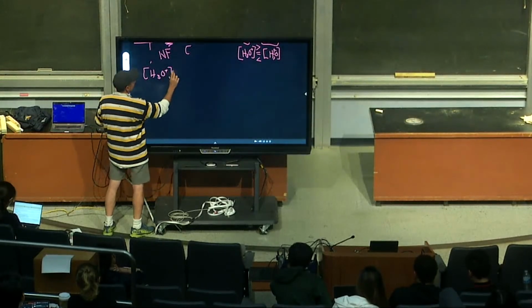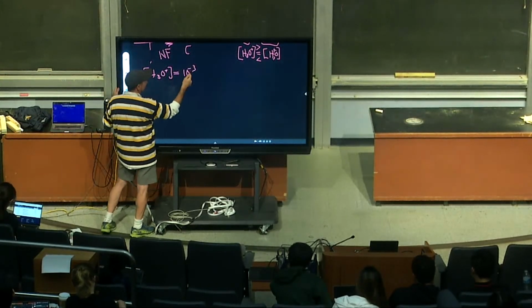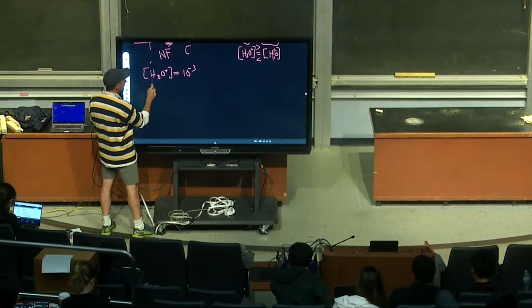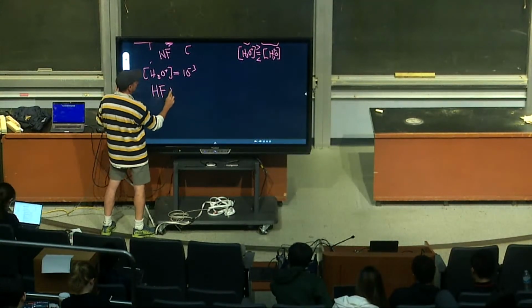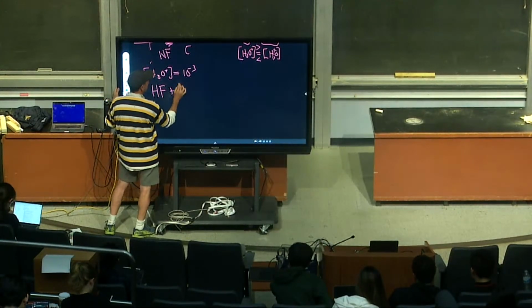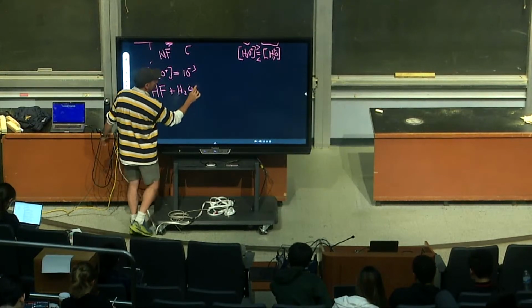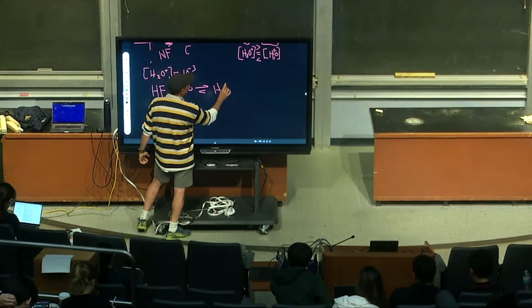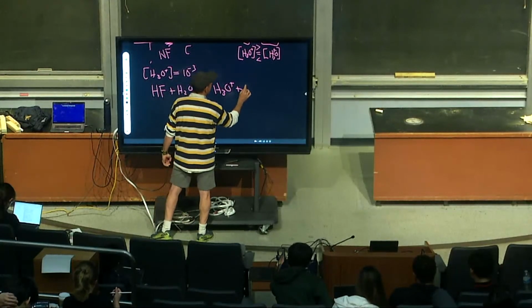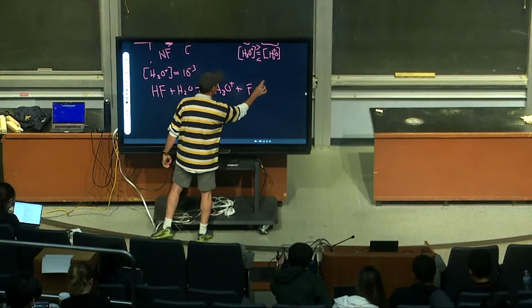If I want H3O plus to be 10 to the minus 3, I want pH 3, then HF plus H2O goes to H3O plus and F minus.